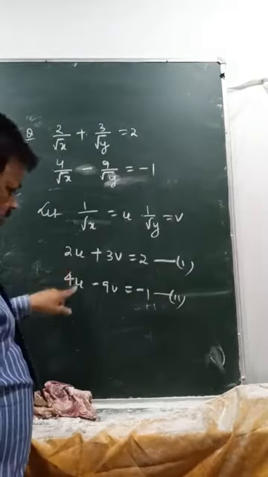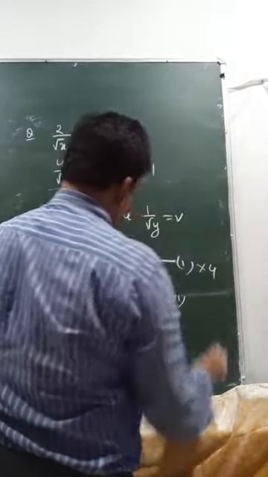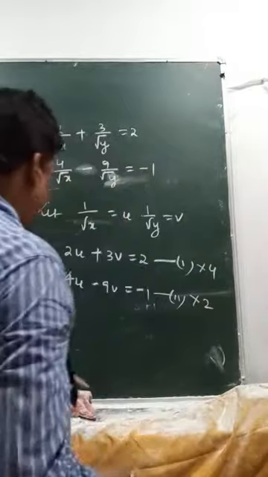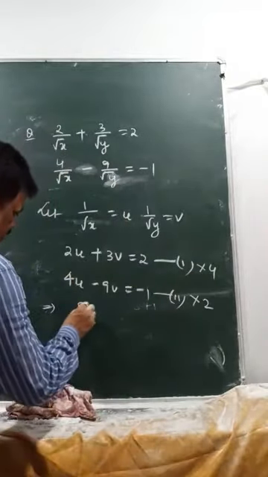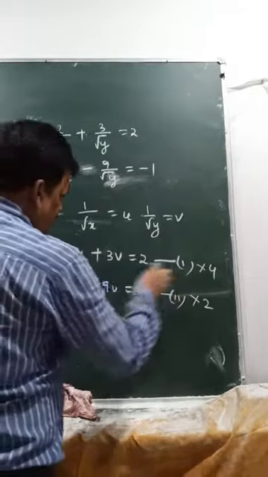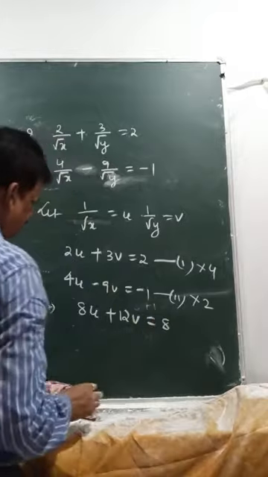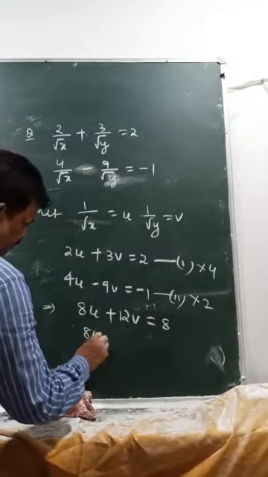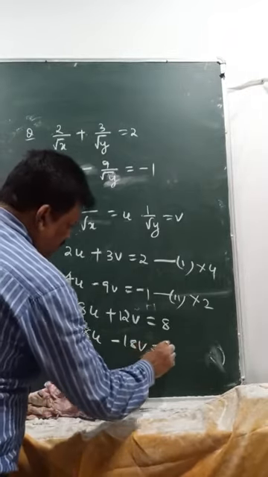Now equalize. Best method: 4u multiply here, 2u multiply here. Equalized. Look here, 4 times 2 is 8u, 12v equals 8. Then 8u minus 18v equals minus 2.